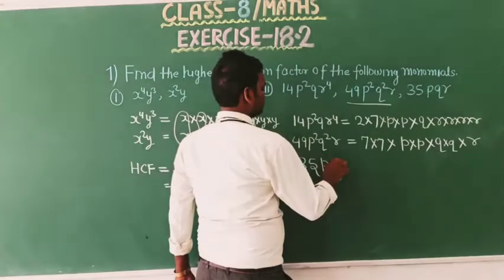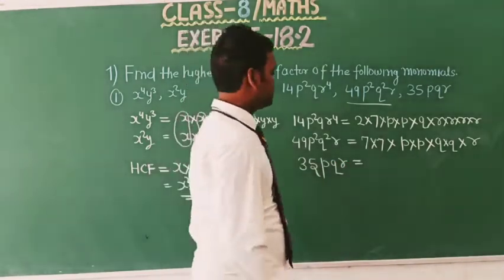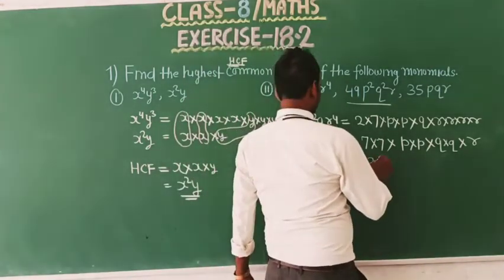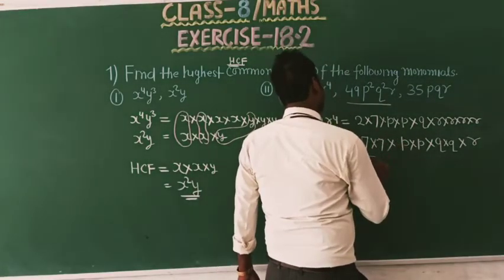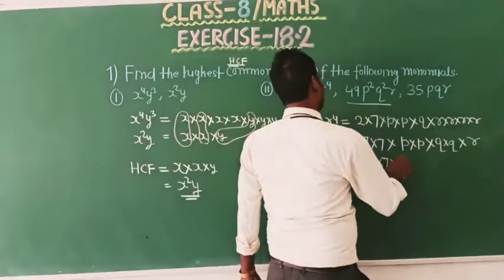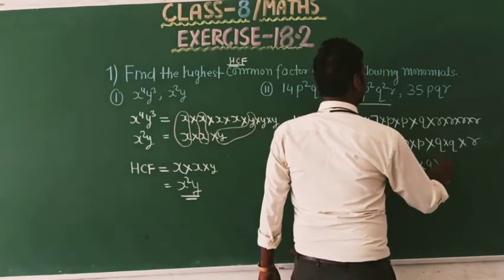35 can be written as 5 into 7, the product of 5 into 7, and this is p into q into r.